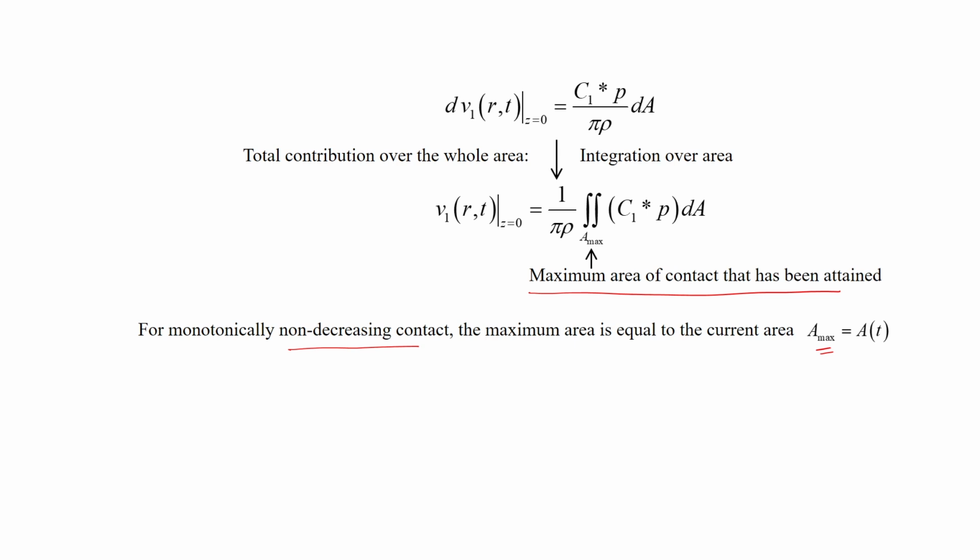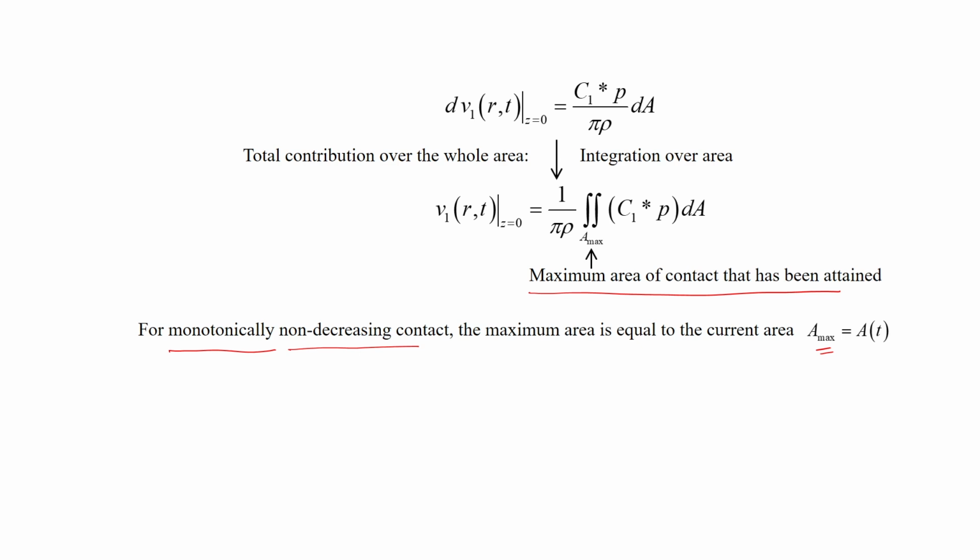So, if it is not monotonically non-decreasing, okay, then there will be further complications in the analysis, in terms of the math basically, but not conceptually much. But to keep things simple, we will consider monotonically non-decreasing contact.